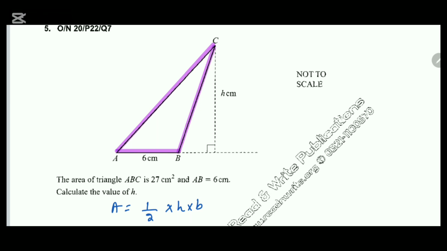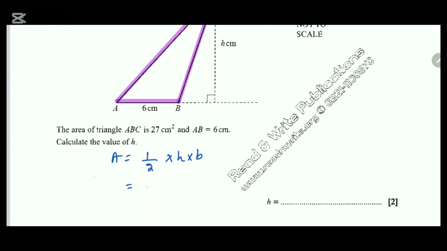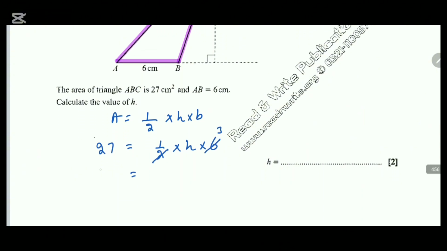Its angle is not given, so here you will use this formula of area of triangle. Area of triangle 27, 1 by 2 into height, which is not given, and b is 6, 2 times 3 is 6, 27 by 3 is equal to h, so h is equal to 9. 9 will be your answer.